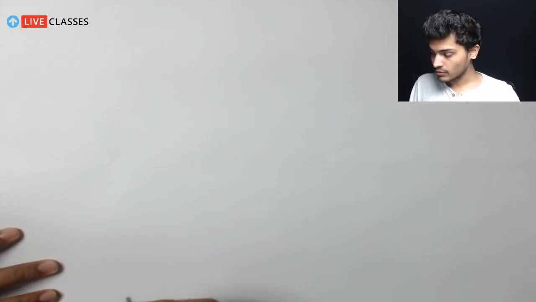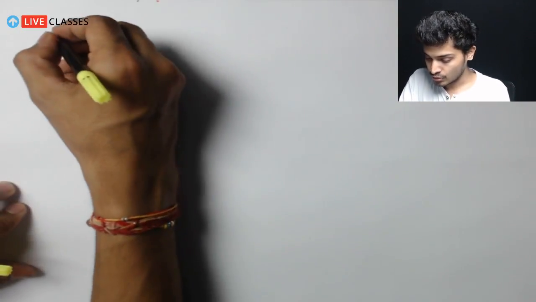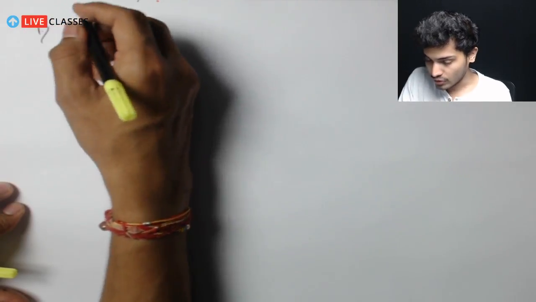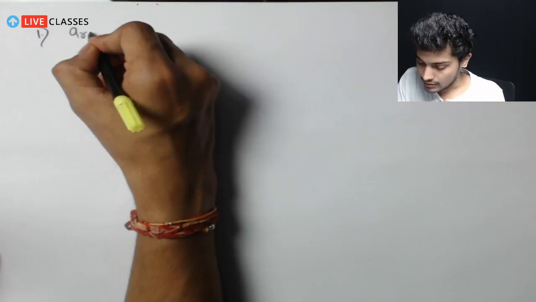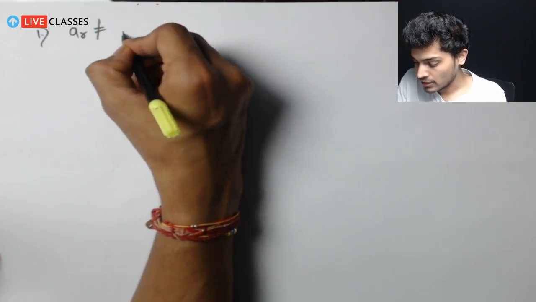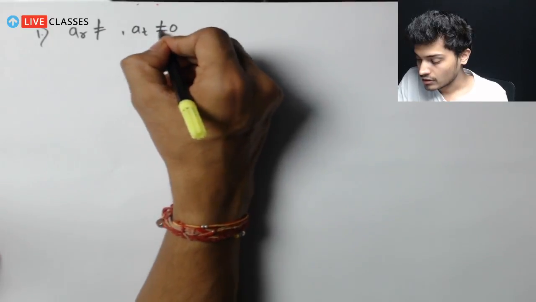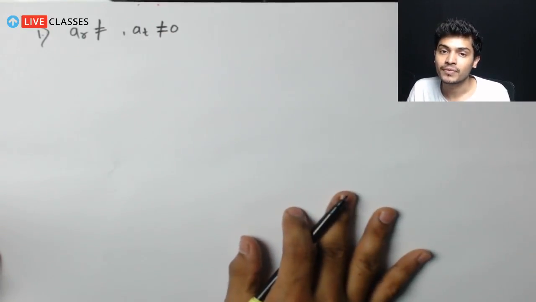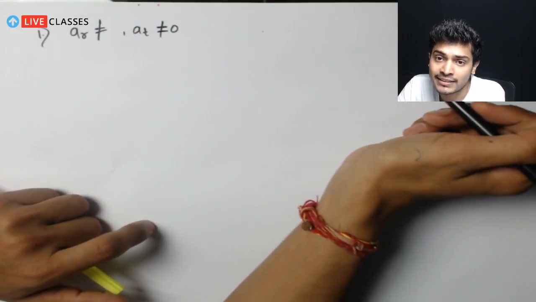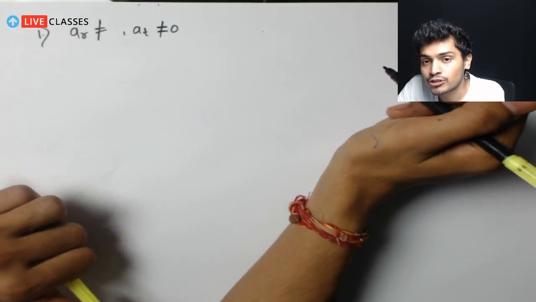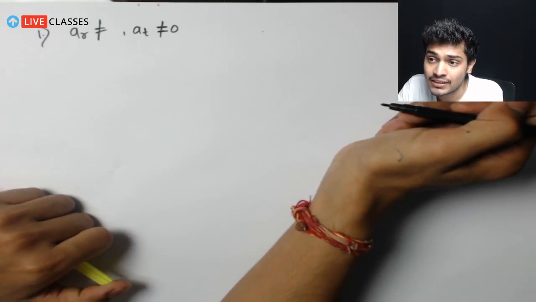Before starting any problem, let's see some basics behind this. Suppose I give you a case in which AR is not 0 and AT also is not 0. Then what will happen in this case? AR not 0 means some radial acceleration is acting on a body, and AT not 0 means it has both tangential as well as radial acceleration.